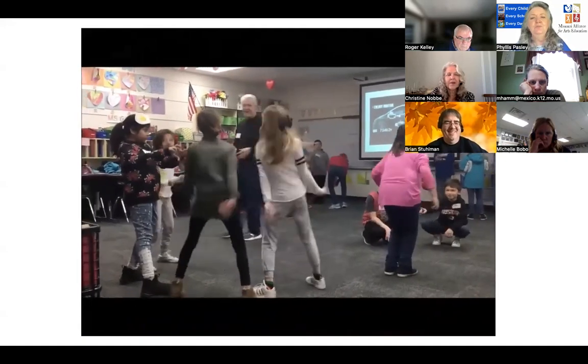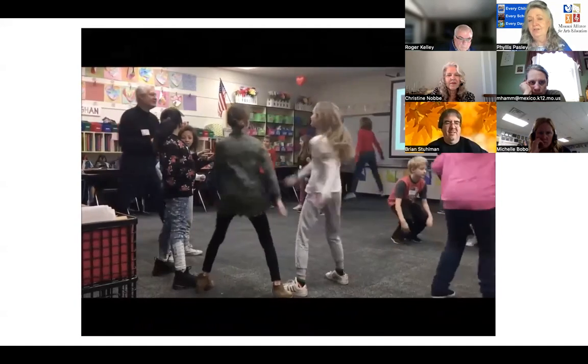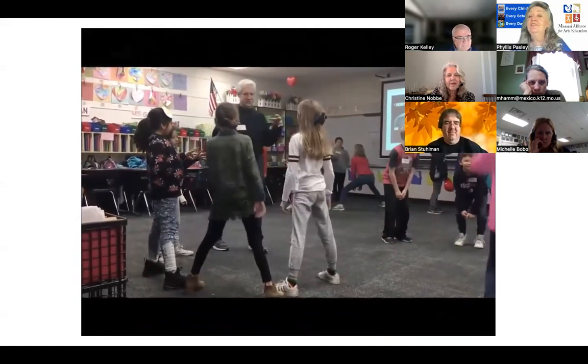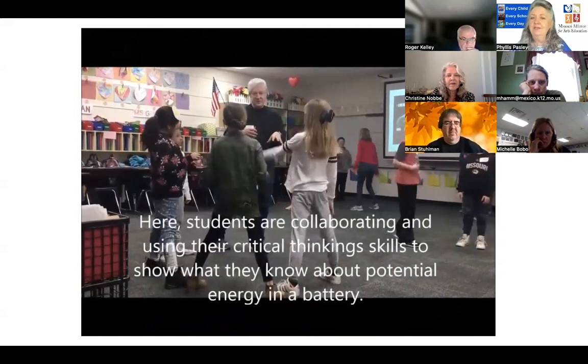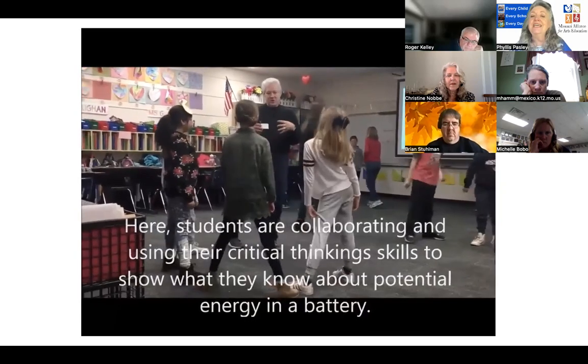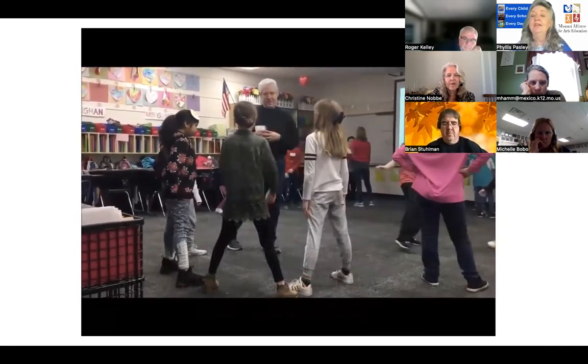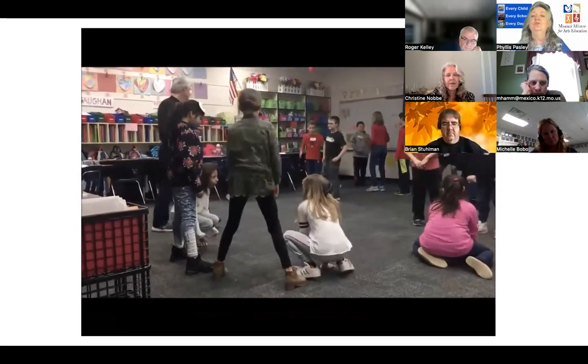You're going to see him in just a minute walk over and give some coaching, which on the dance curriculum side of things is dealing with levels of movement. But on the science curricular side, or the Project Lead the Way piece, it's about the potential energy within a battery that is being stored and then utilized and then restored and utilized.